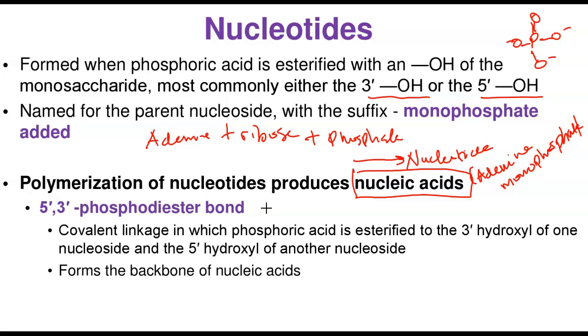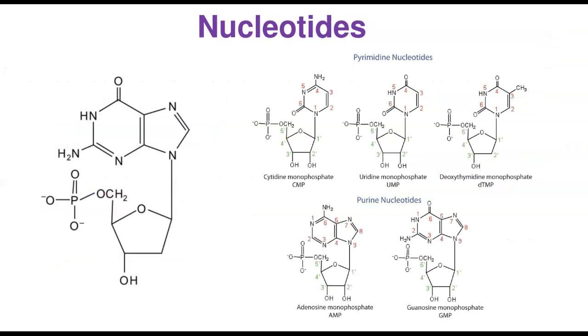The polarity is usually from the 5' end to the 3' end. This 5',3' phosphodiester bond is a covalent linkage in which the phosphoric acid is esterified to the 3-hydroxy group of one nucleoside and the 5-hydroxy of another nucleoside. And this forms the backbone of all the polynucleotides, or nucleic acids, as we're going to see.